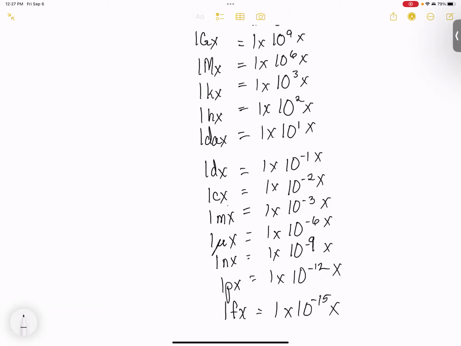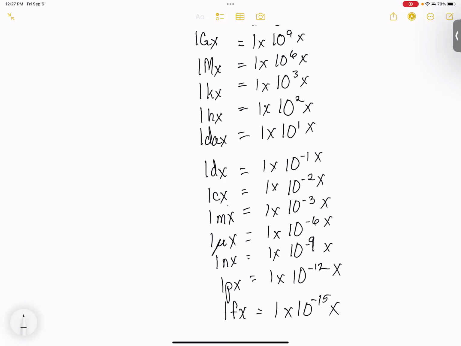Once again, if in junior high or high school you memorized the metric prefix system and you memorized it in a way that works for you and works every time, you're welcome to use what you know.